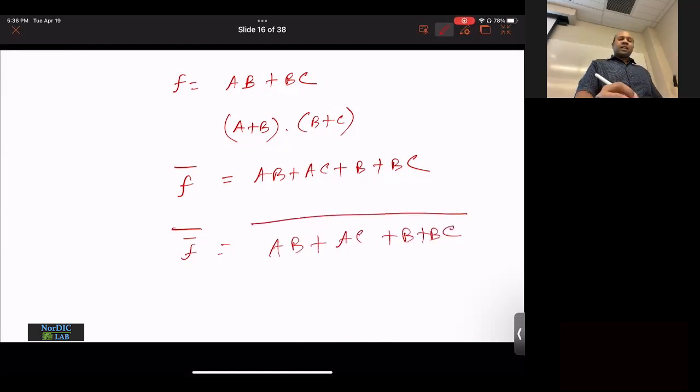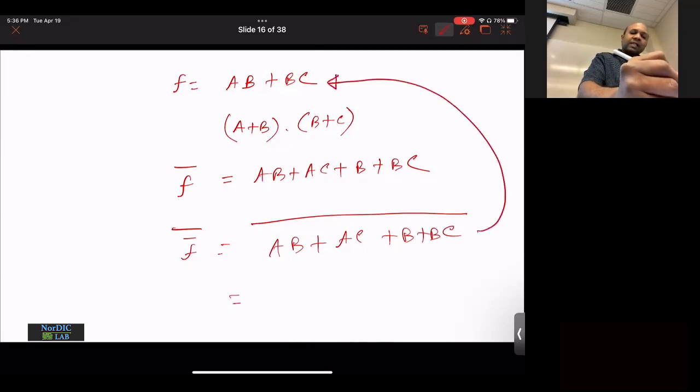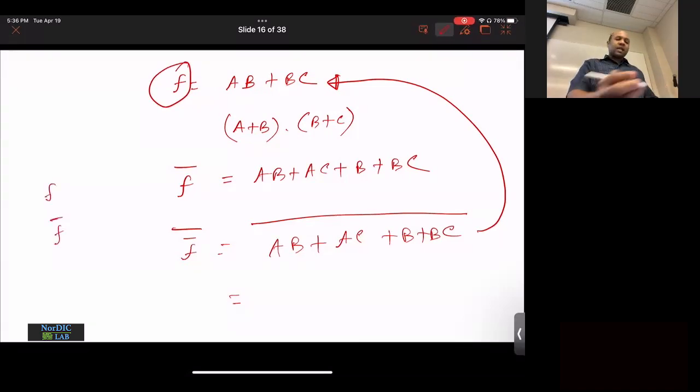Then if for some reason you get back this exact same function, then we will say that this function is self-dual, meaning its complement and regular form will give you the exact same thing.